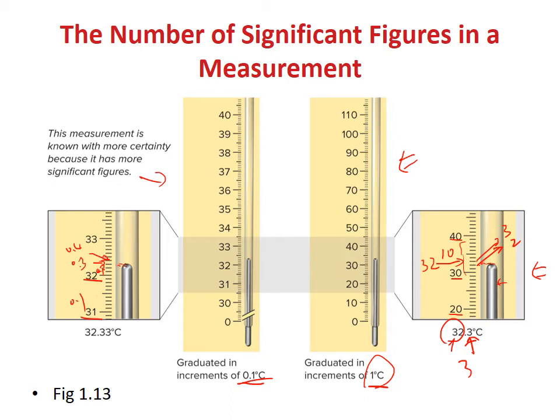So we are sure it's 32.3, but the last digit we have to estimate, and we estimate it to be 32.33. The last one is again estimated, but the first 3 are certain. So in this case, we have 4 significant figures. 3 of them are certain, and the last one is uncertain.